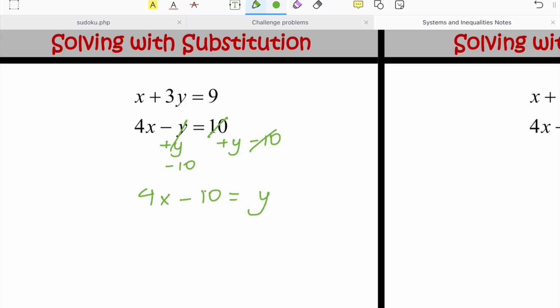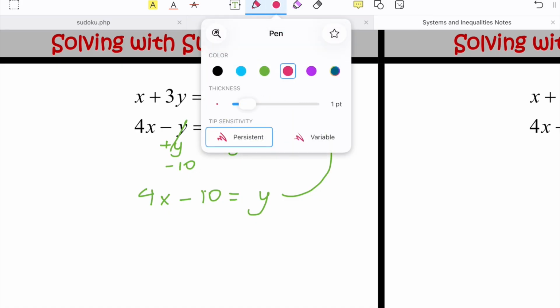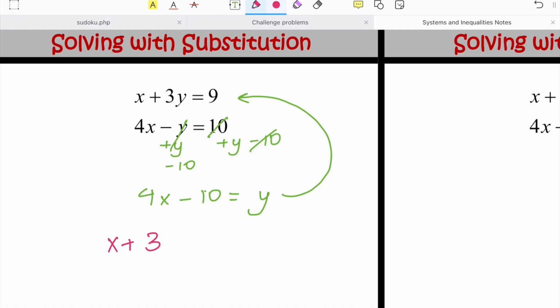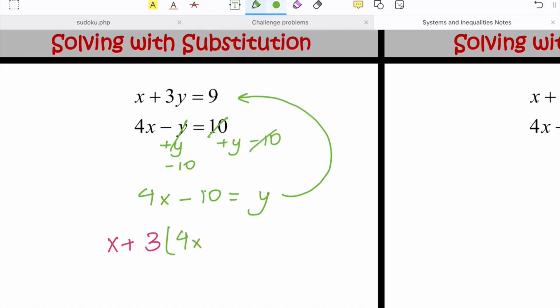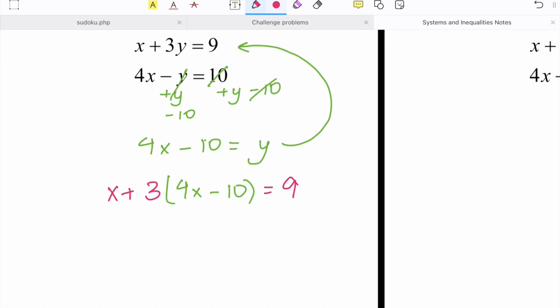So I'm going to substitute that in my first equation. So it will be x plus 3 times 4x minus 10, which is my y value, is equal to 9. Okay? Now I'll distribute it. So it'll be 12x minus 30 and everything else will be the same.